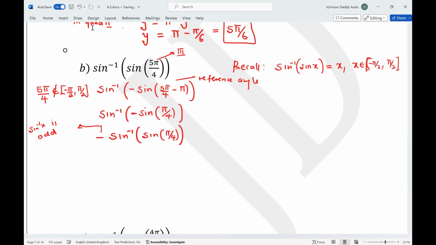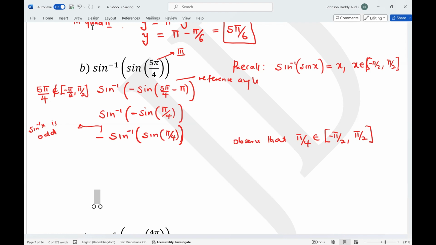Now, if you look at this, we can now apply this property because this is pi over 4. Observe that pi over 4 is inside this domain, yes?